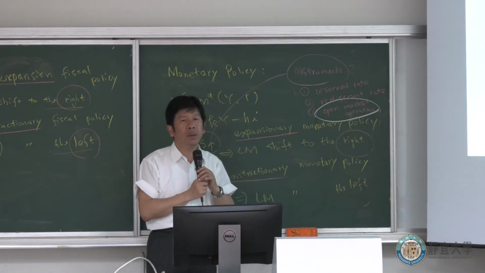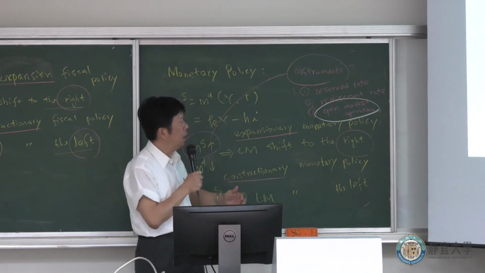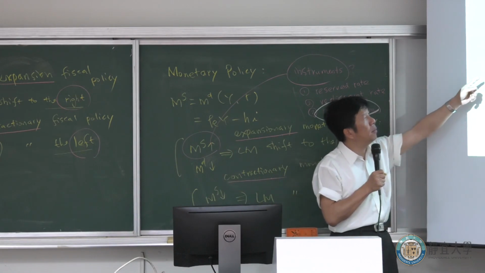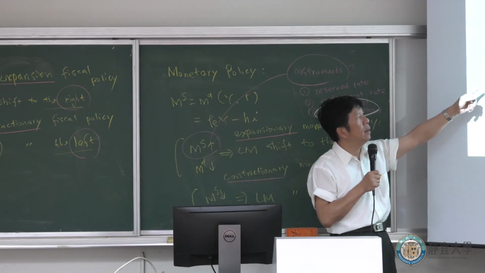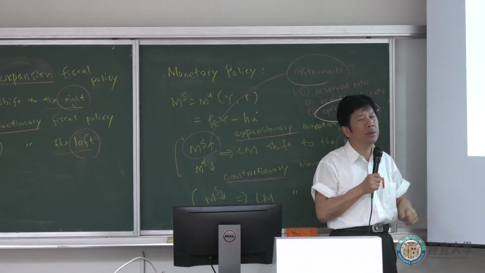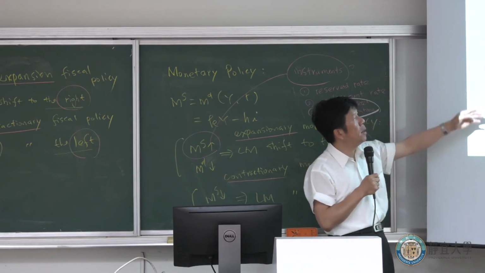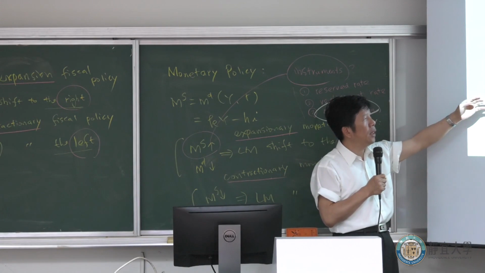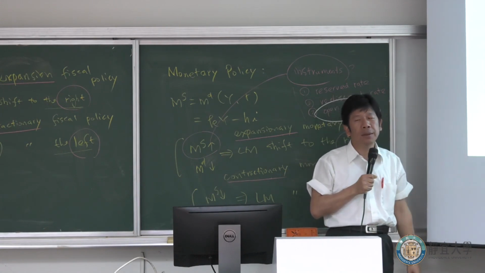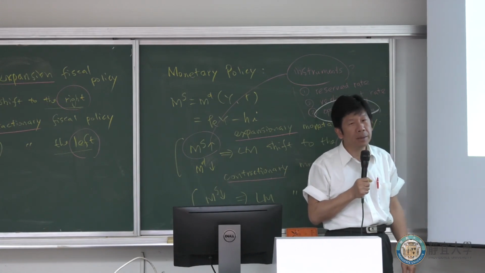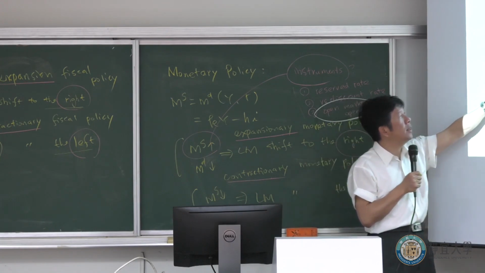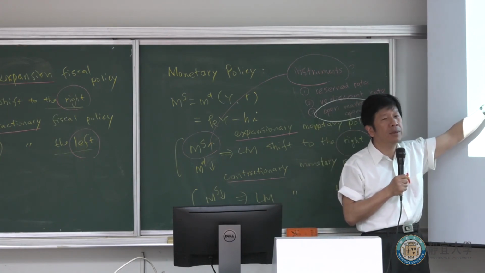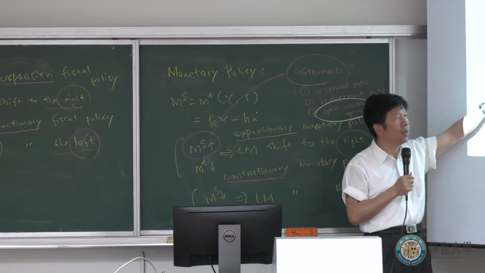And how to use this? First, they can buy or sell government bonds. If they buy government bonds, they let the money supply increase. Here the FED represents the central bank.